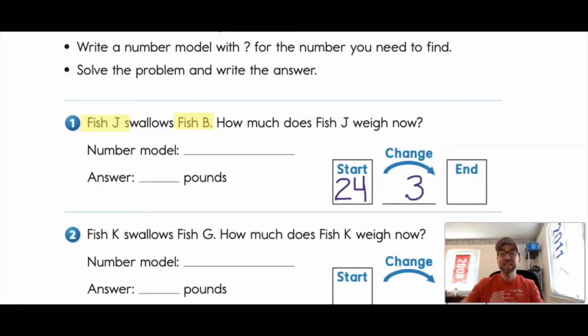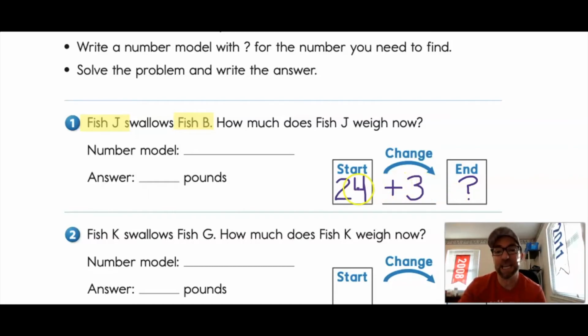Now, because he's eating something, he's getting more. So we're going to have a bigger end. So this is a change to more problem. We're going to put in a plus sign. How much does fish J weigh now? We don't know. We're going to put a question mark in the end box.